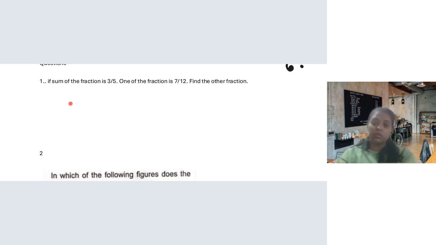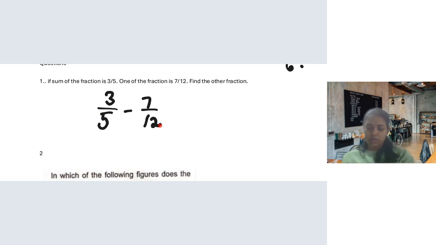Ma'am, the answer is 1 upon 60. 1 upon 60. Okay, tell me what you did. Ma'am, first I took 3 upon 5 and 7 upon 12. I found out the LCM of the denominators. Then I get 3 upon 5 equal to 36 upon 60 and 7 upon 12 equal to 35 upon 60.